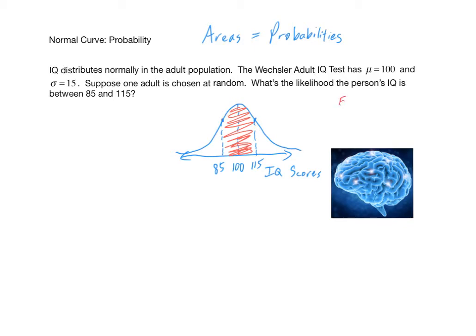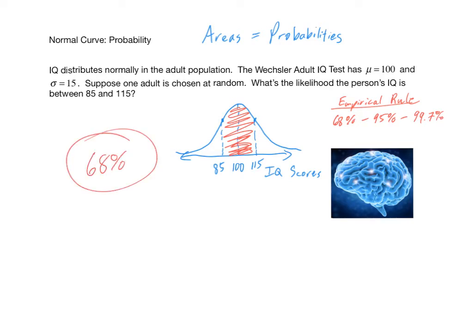If you can recall, the empirical rule says that 68% is within one standard deviation, 95% is within two standard deviations, and 99.7% is within 3 standard deviations. So we technically don't need to do any computations here. Within 1 standard deviation each way, we've got a total of 68%. So 68% of the area amounts to a probability of 68%, since the area is the probability. So if you take one person at random, the likelihood that their IQ falls between 85 and 115 is 68%.